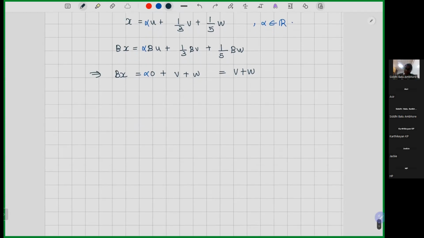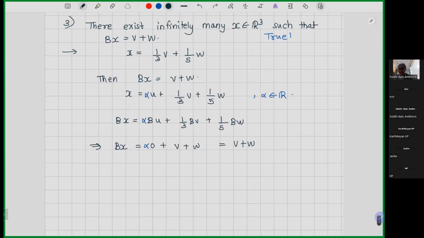Ma'am, can we not solve this by taking a, b, c, alpha, beta, gamma in general? In general, you will just have to find what the coefficients of v and w will be. If you can find that, then that's okay. But the question was, does there exist?